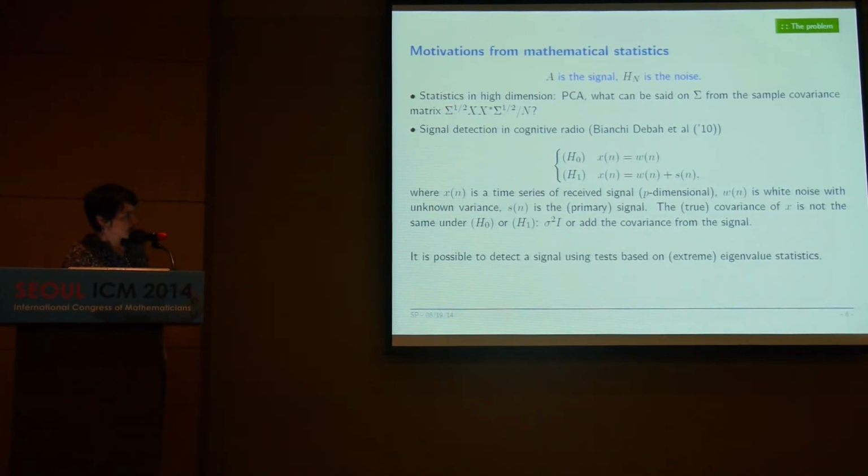And if there is only white noise, then the population covariance is just a constant times the identity. So we are in the standard random matrix setting. If instead there is a primary signal, then the covariance is a deformation of the identity matrix. And we will see that it's possible to detect a signal in the presence of noise for such problems using random matrix theory.